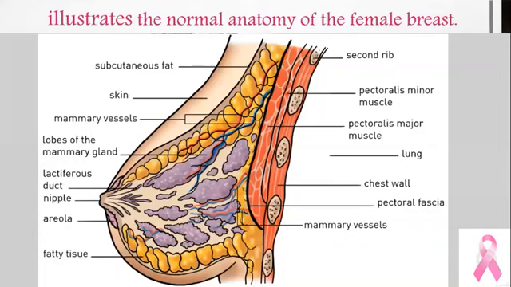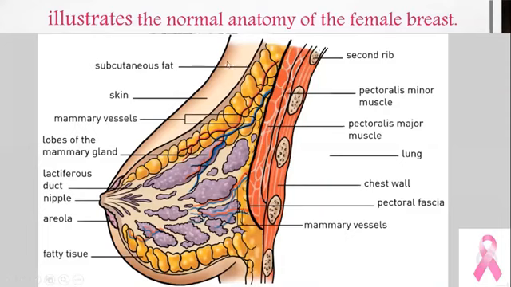These are illustrations of the gross anatomy of a female breast. Here the breast is resting on the pectoralis major, underneath which is the pectoralis minor, resting over the chest wall with intercostal muscles and ribs.